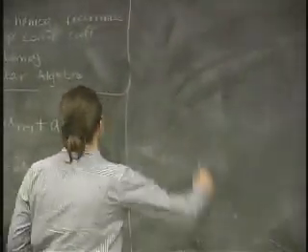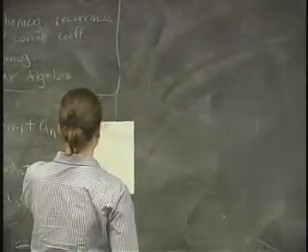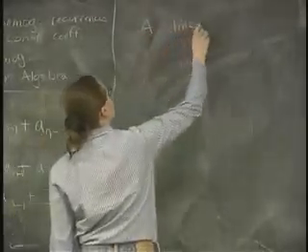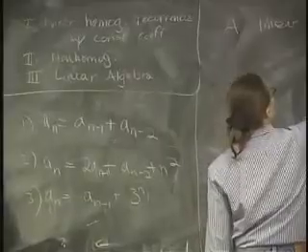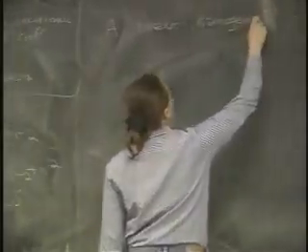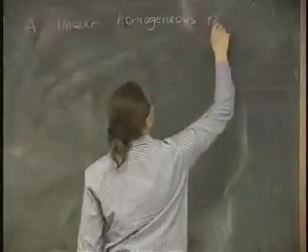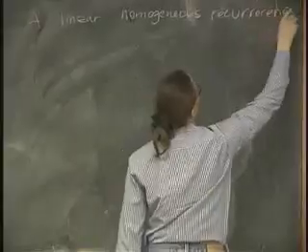So, okay, we have all these words. We're supposed to look at a linear, homogeneous recurrence relation with constant coefficients.